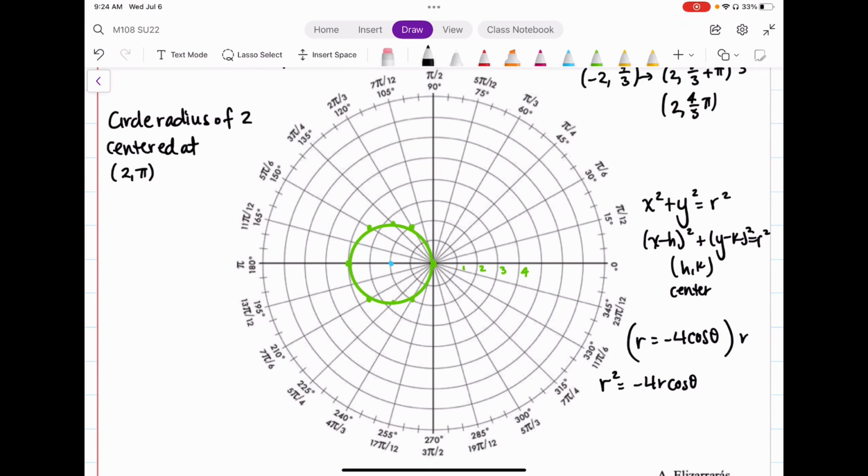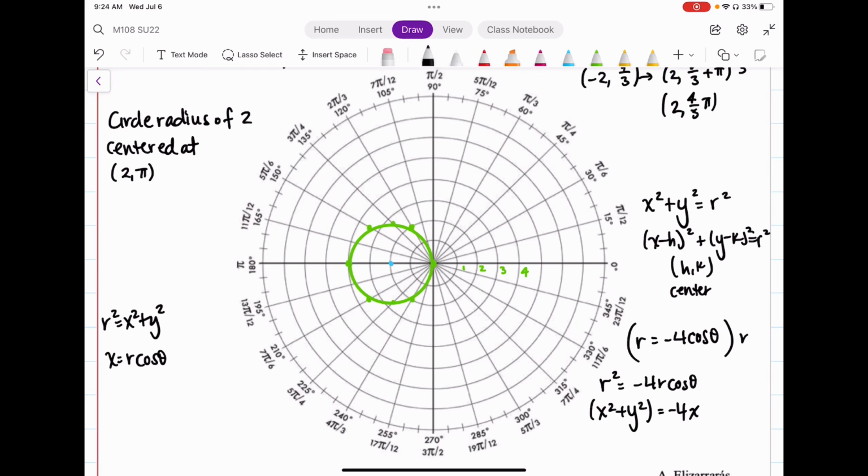We do know that r squared is equal to x squared plus y squared. And we also know that x is equal to r cosine theta, as we were defining our polar coordinate system. So I can replace that with an x here.